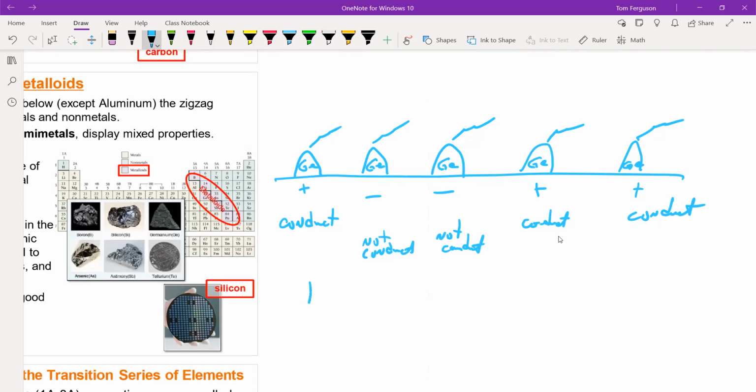So if it conducts, it's a 1. If it does not conduct, it's a 0. What does that look like to you? Binary code. So we can attribute metalloids to the binary code in electronics today, digital electronics. All discovered in the United States, Illinois, by AT&T, the resultant company, used to be called Bell Labs. It's pretty cool.